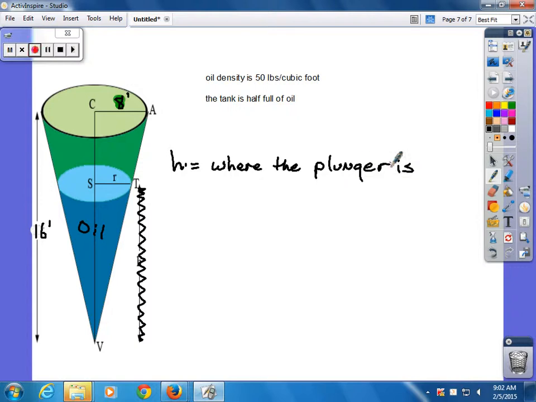I know that's not probably good grammar, but in other words, H tells you where the plunger is. Now, as H goes up, what is that radius doing? So you've got to figure that out. So you've got to set up the similar triangles on all conics. You have to do that. Is that what you were asking?